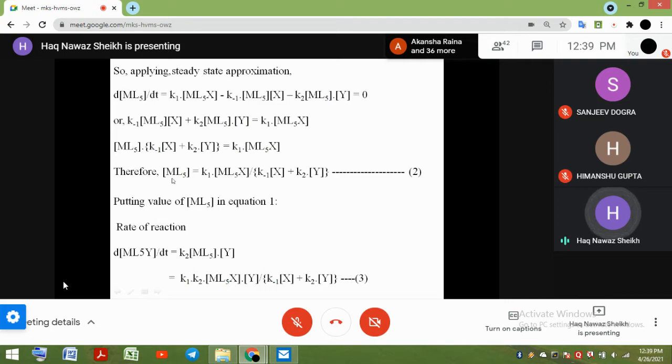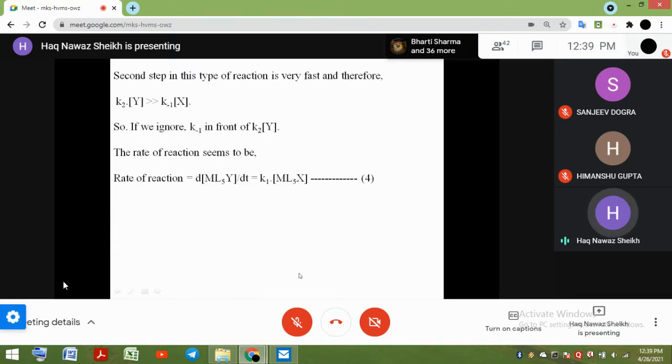Then the ML5 concentration is equal to k1 ML5 X divided by k minus 1 X plus k2 Y. Now the rate of the reaction depends upon the concentration of ML5 and Y, so you place this value in the equation. So k2 into ML5, it is k1 and then the whole thing. This is the final general equation for the rate of the reaction.